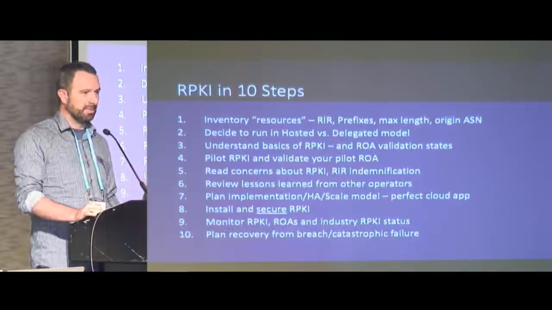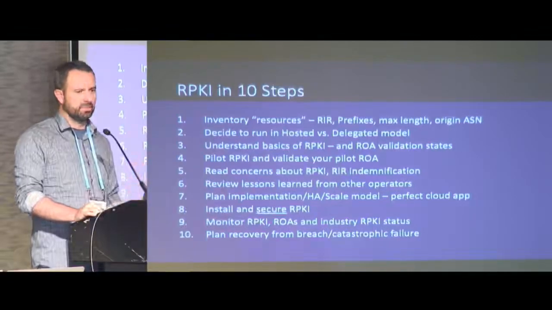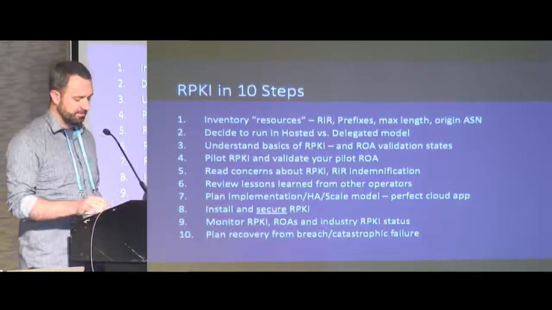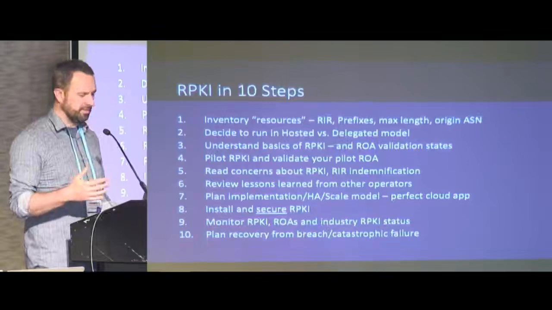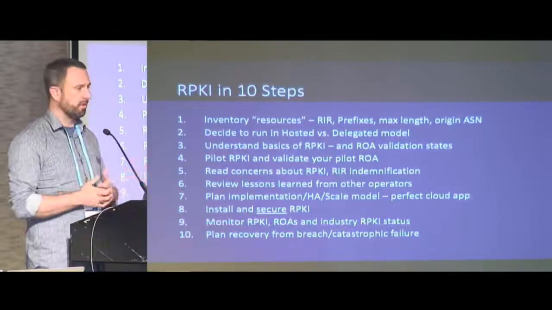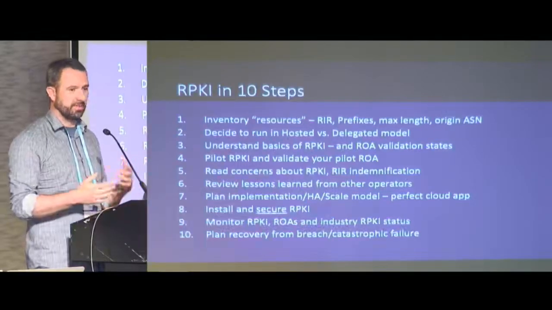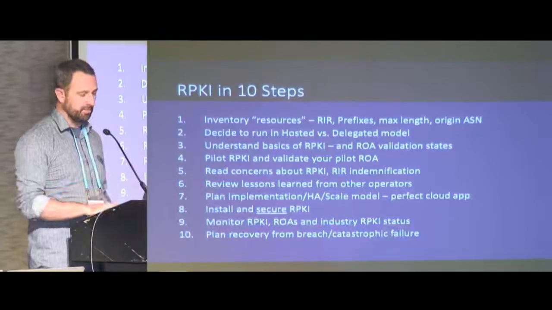You want to make sure that you've got a design in place that's protecting those keys, but you should also have some plan in place to recover from breach, which is actually fairly easy to cover. You can just remove all your ROAs from your cache, and then you can rebuild from there. Once your ROAs are not found, there's no risk of someone's router policy impacting your network.